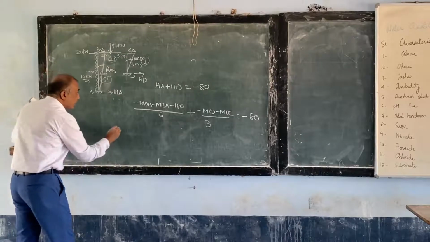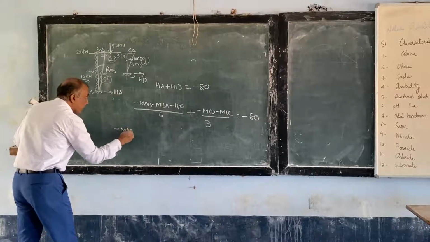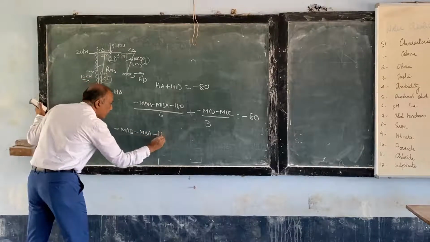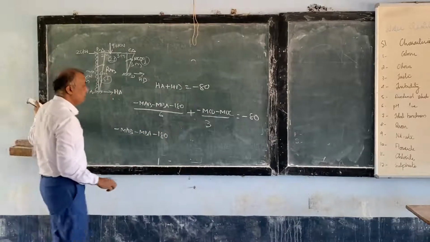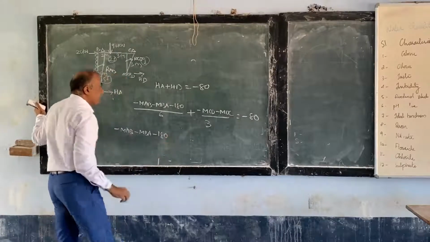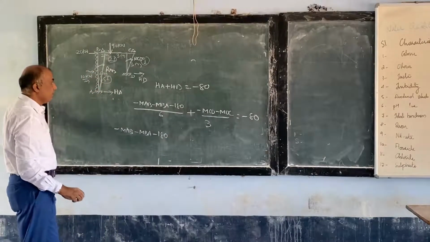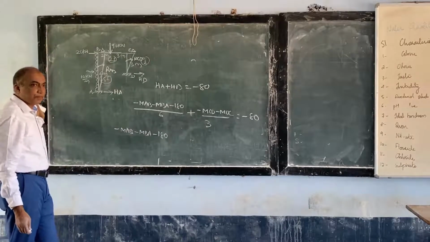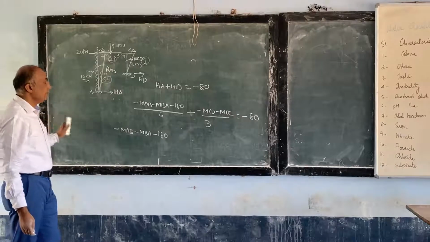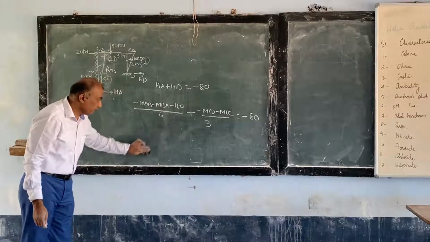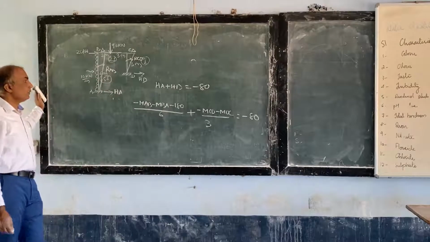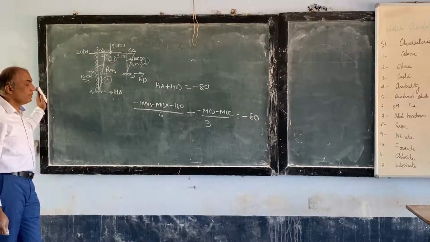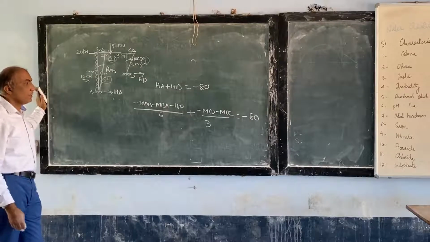So you get minus MAB minus MBA minus 180 minus 2 MCD minus 2 MDC divided by 6 is equal to minus 80.